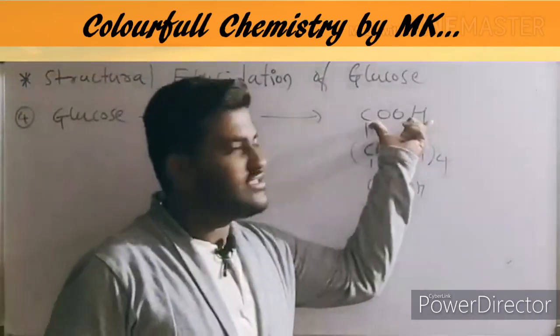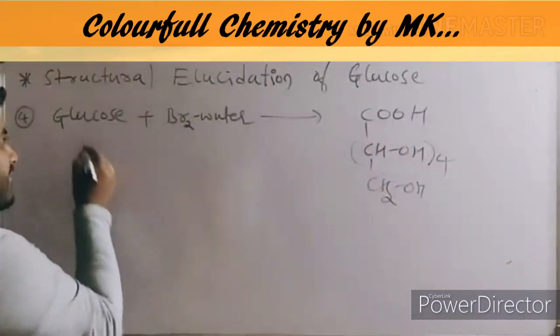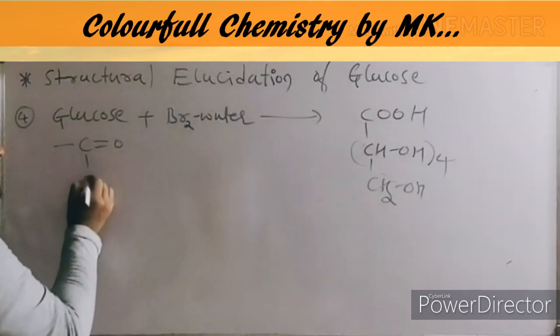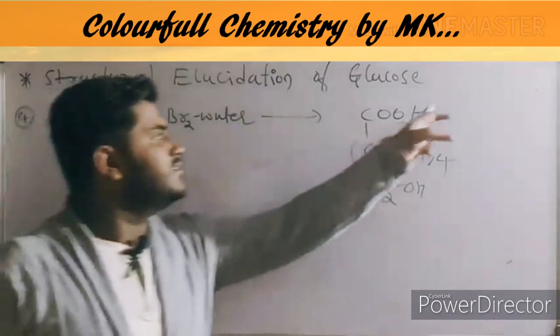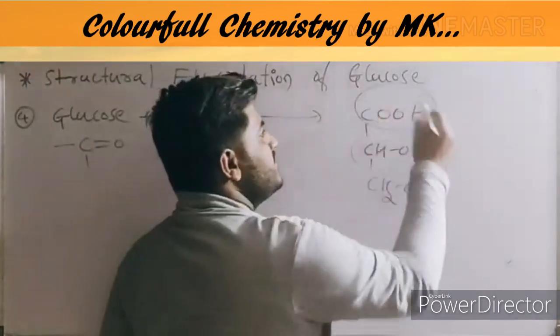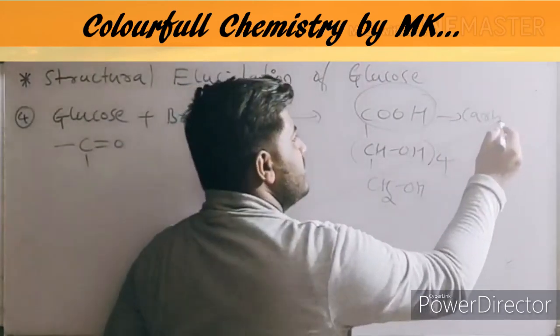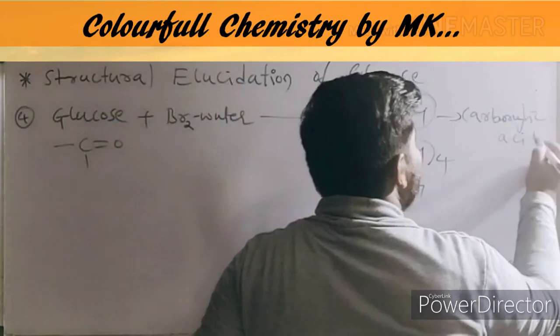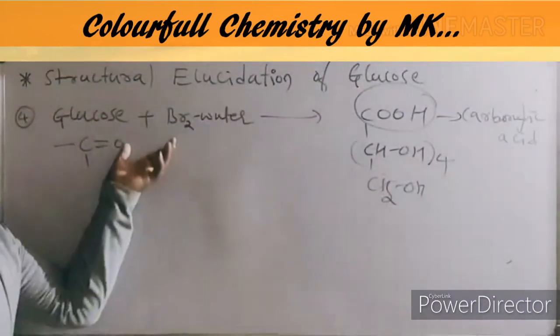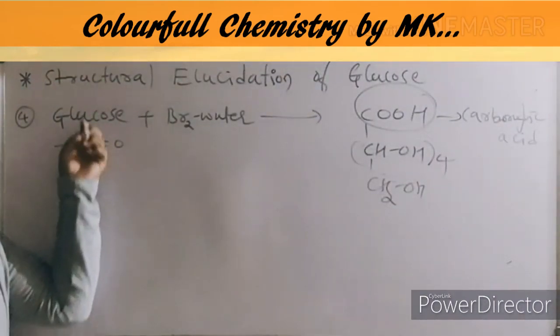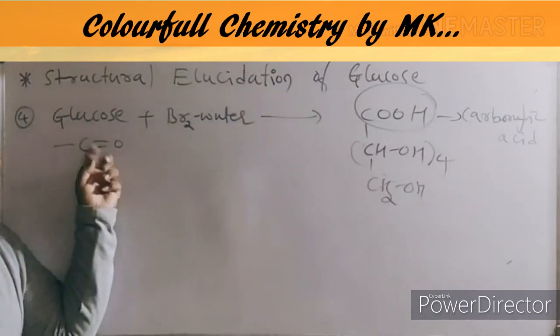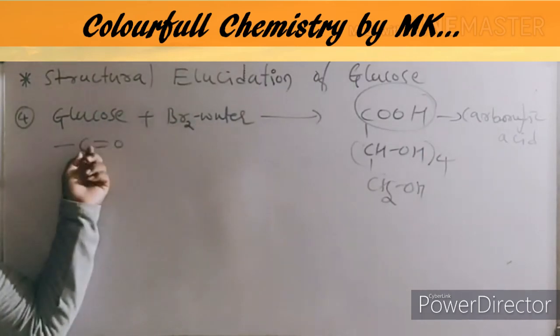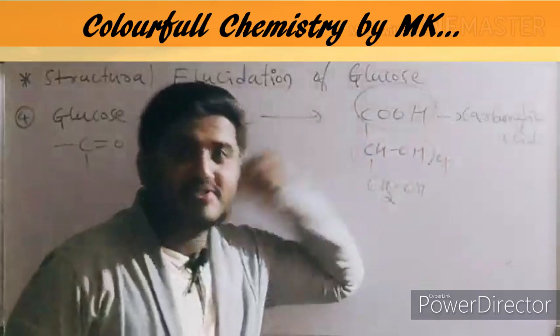Let us see what this means. Whatever carbonyl group is present in glucose, that carbonyl group is oxidized to which group? This one is the carboxylic acid group. So this reaction indicates that, look here, we know glucose has a carbonyl group. When we add bromine water to the carbonyl group, we get carboxylic acid.